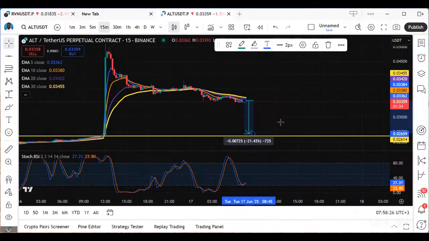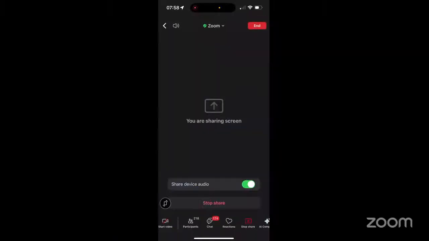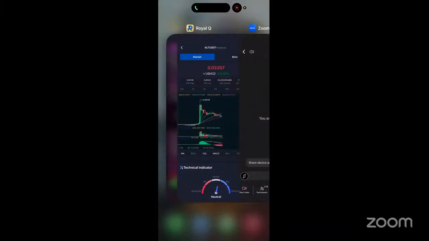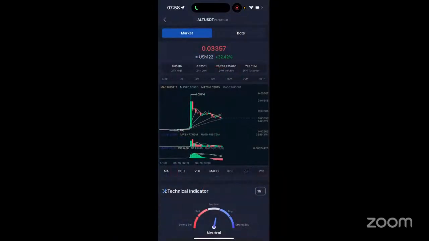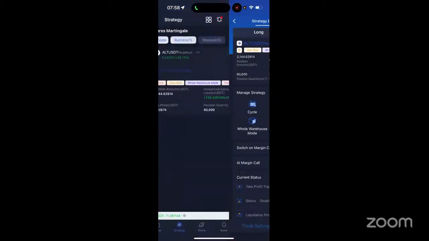Let me share my screen again. So I was speaking to you the other time that I may not need to trade many coins. I may find one and I hit it hard. The more it continues going down, the more it is now not doing so well.